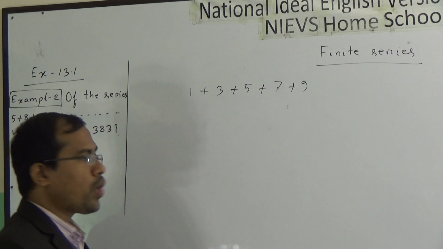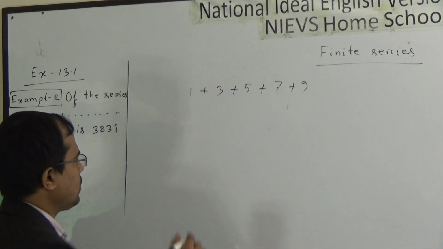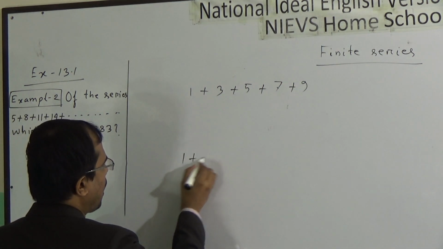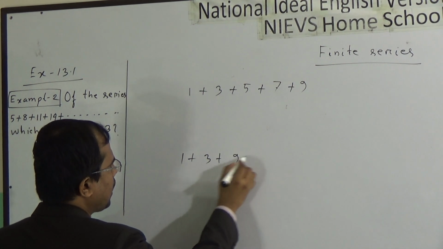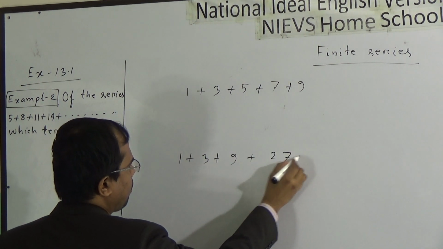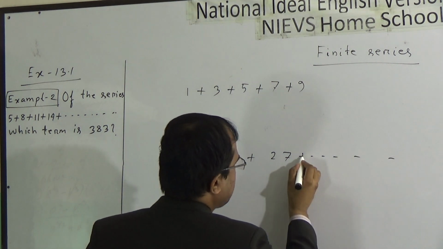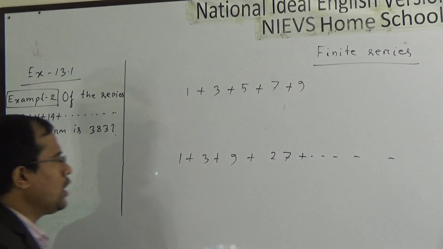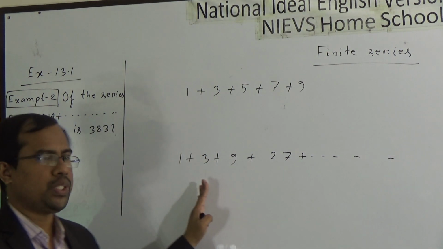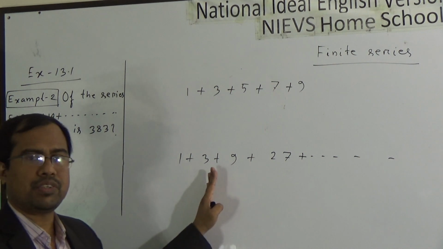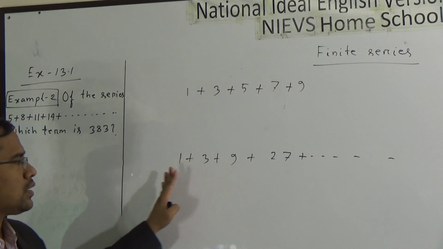Now, what is a geometric series? Suppose 1 plus 3 plus 9 plus 27 plus dot dot dot. This is a series. Here the ratio between two consecutive terms is the same.